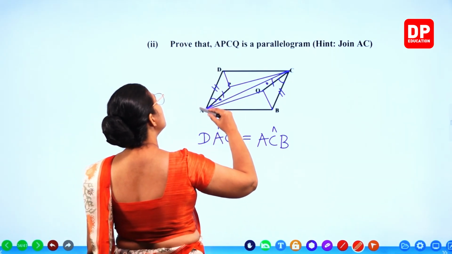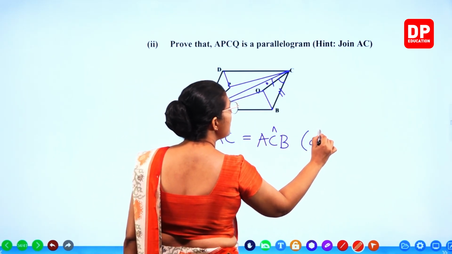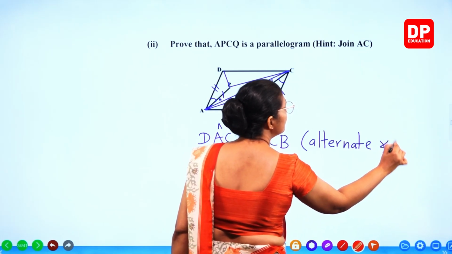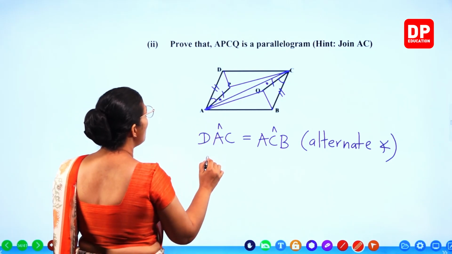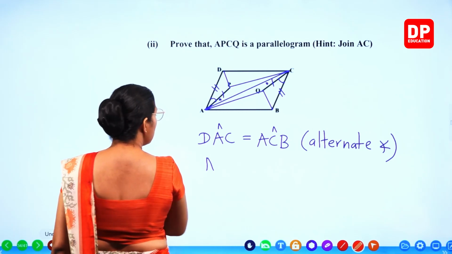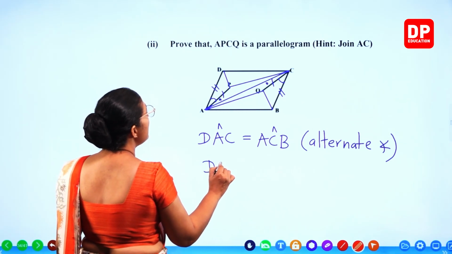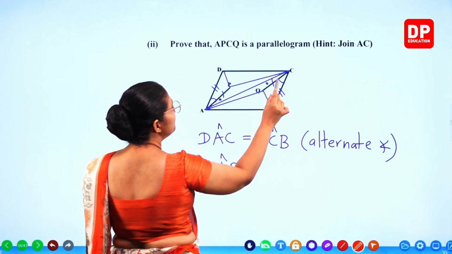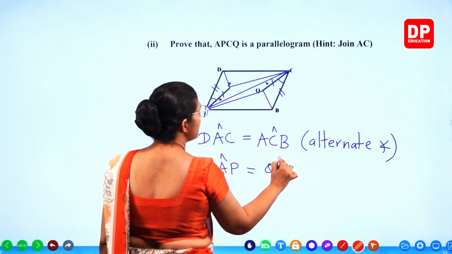Alternate here, this is a Z letter, this is parallel, so alternate angles are equal. And also we know angle DAP is equal to angle QCB. It's given.